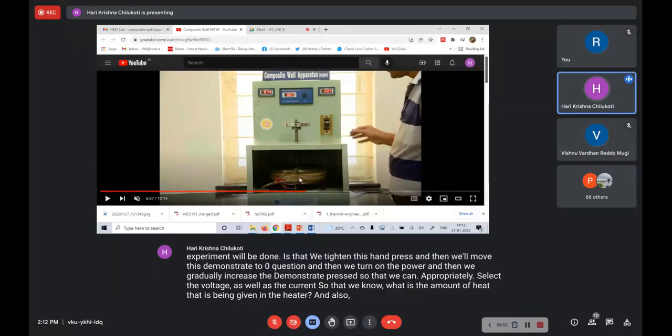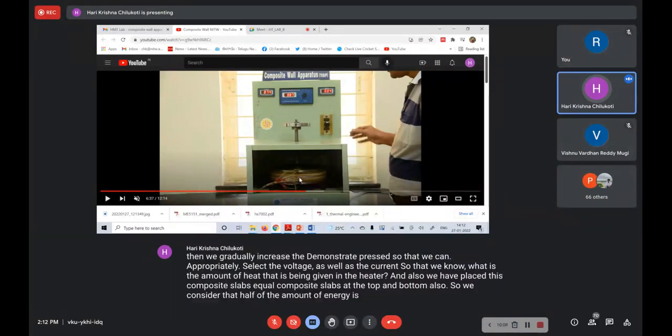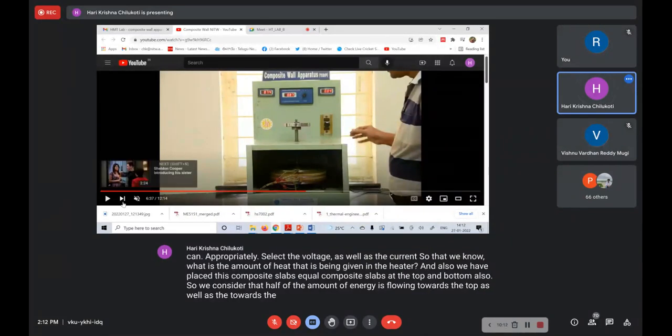And also we have placed equal composite slabs at the top and bottom also. So we consider that half of the energy is flowing towards the top as well as towards the bottom.